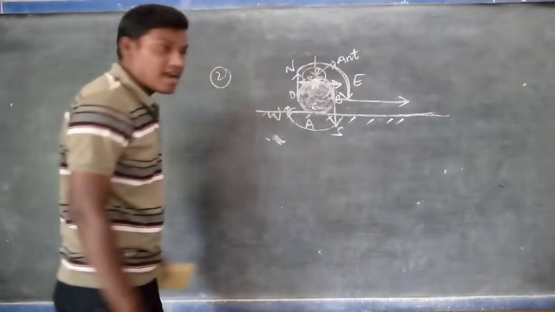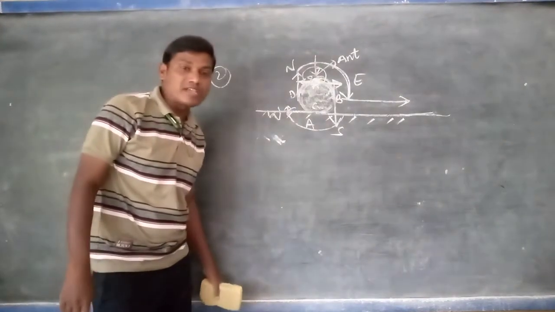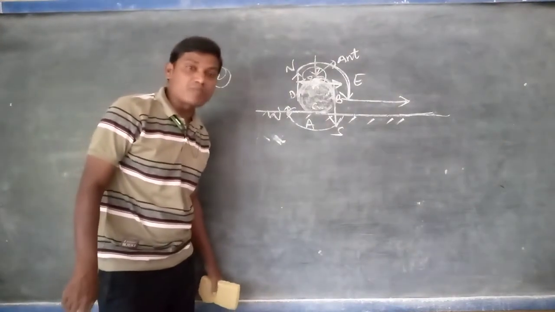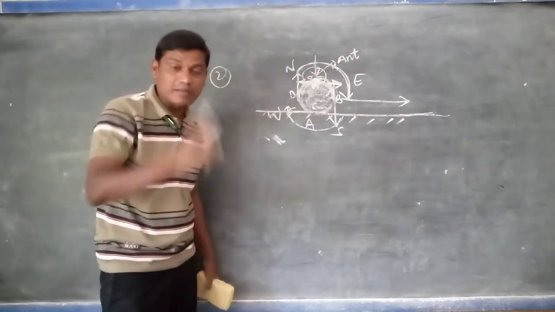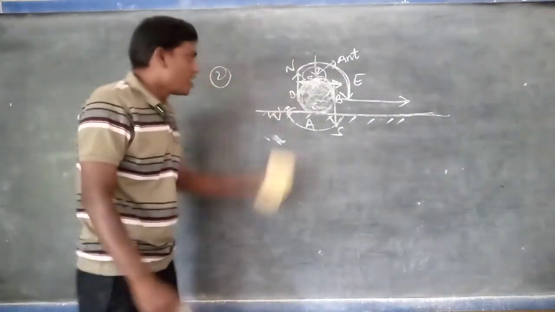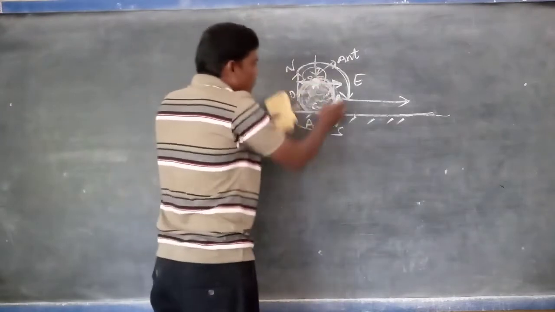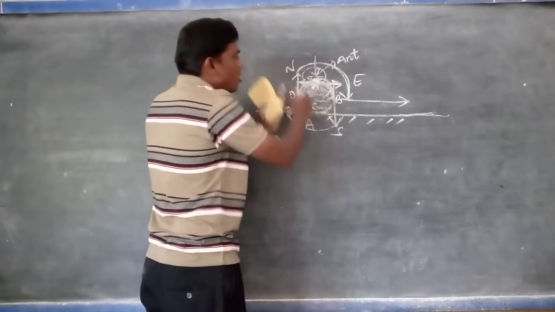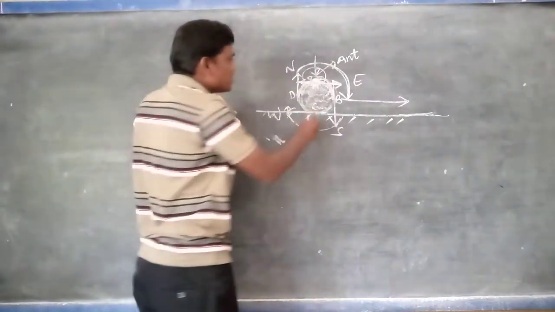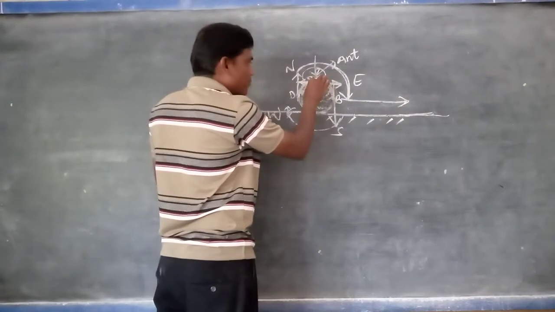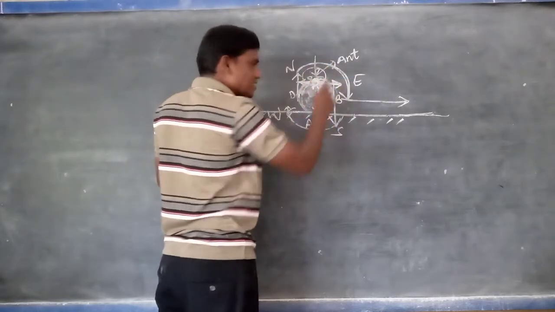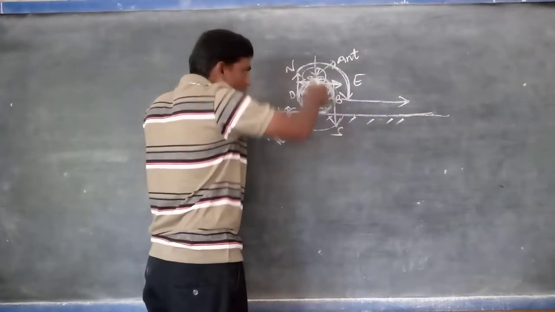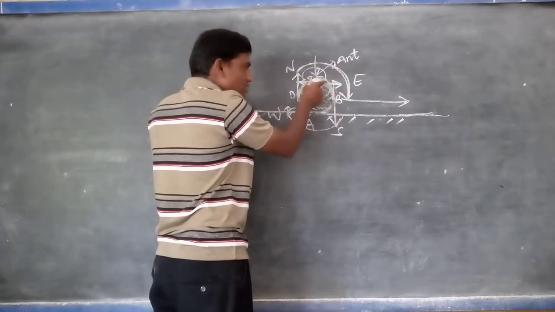That's why I already said that when a body moves in uniform circular motion, its speed is constant but velocity is not constant because the direction changes. Here also, we considered totally 4 particles on the rotatory motion of a ball. I will consider the particle P. At an instant of time it is in the east direction, but due to rotatory motion, the particle does not stay in this position.